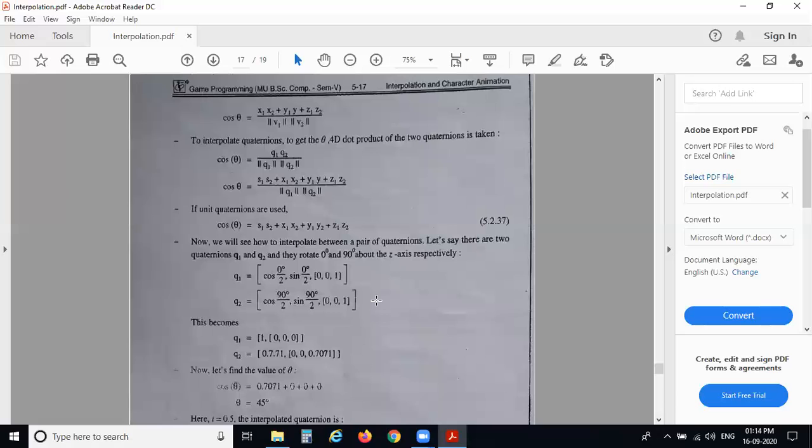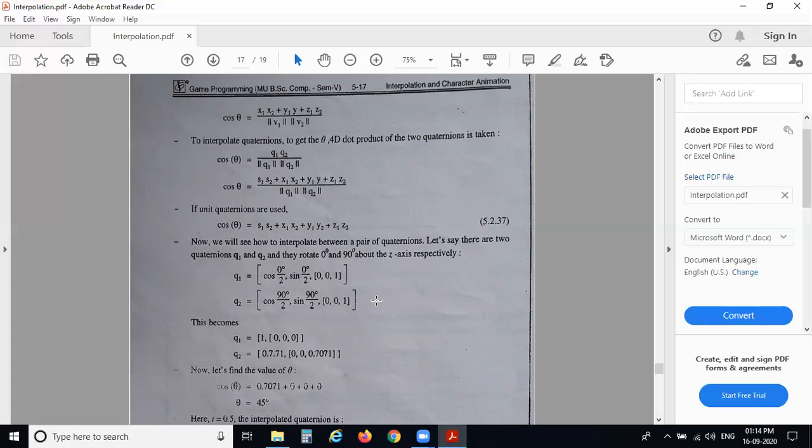These equations are given in the first unit under the point quaternions, and here we just use them. So those particular equations are given in detail in the quaternion section.